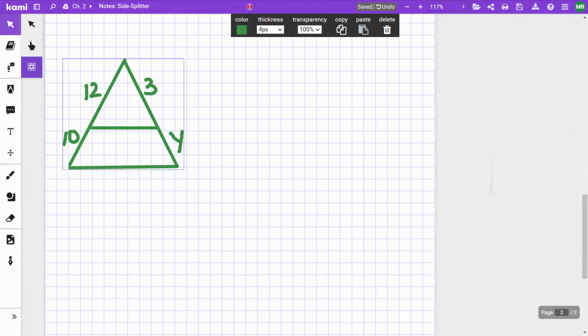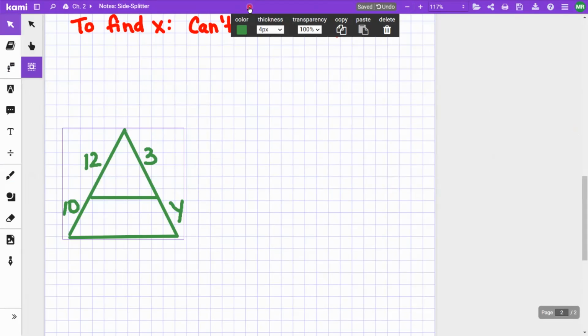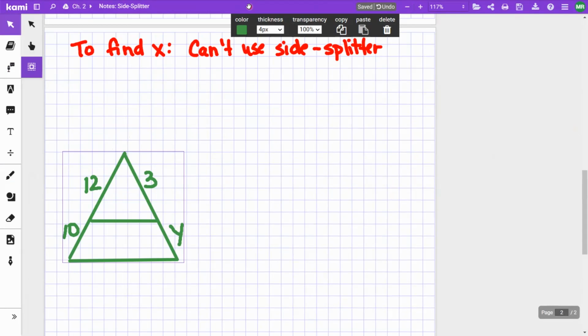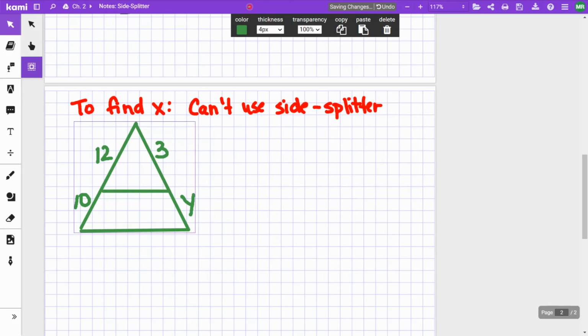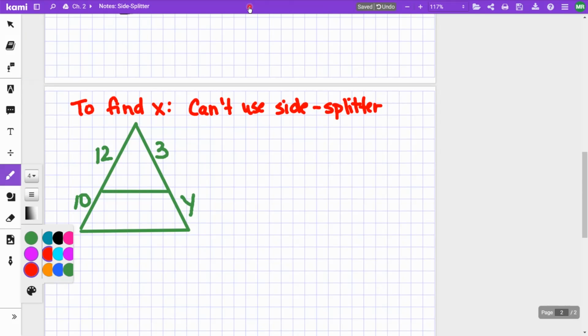So in this case, the ones I'm going to be trying to find, this is X and this is 10, and those are not sides that are split. So this side here and this side here, since they're not split, I cannot use side splitter.